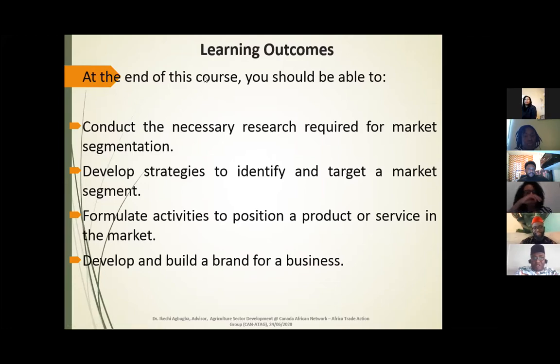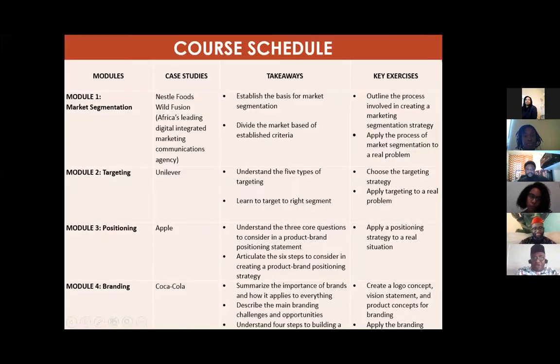At the end of the course, you should be able to conduct the necessary research required for segmentation. Well, I'll still get to my table, which is like a breakdown of the modules into the 4 weeks. Okay, maybe I should get to the module section. The first module is already highlighting the case studies, the takeaways, and the key exercises in line with market segmentation, which is the first point that I streamline the course.